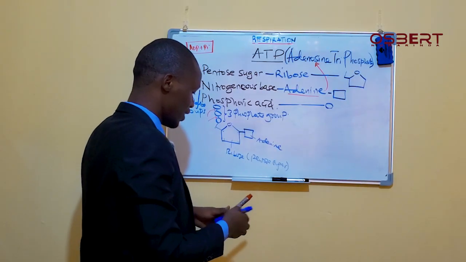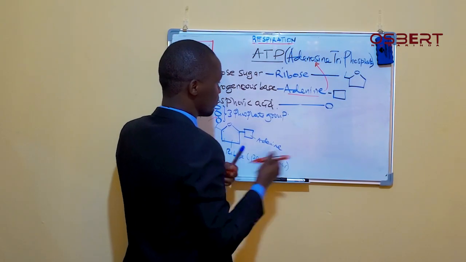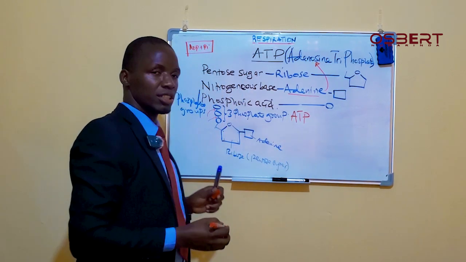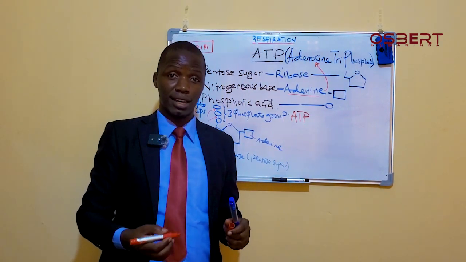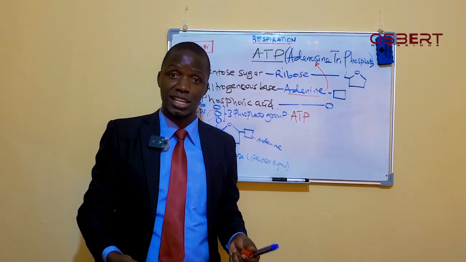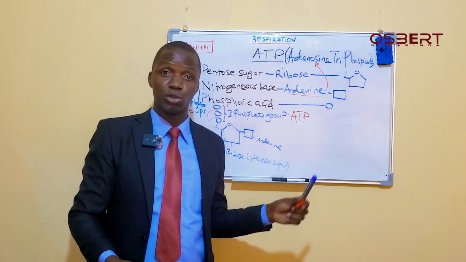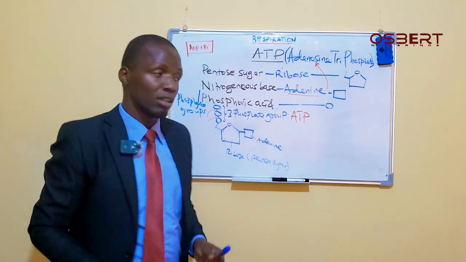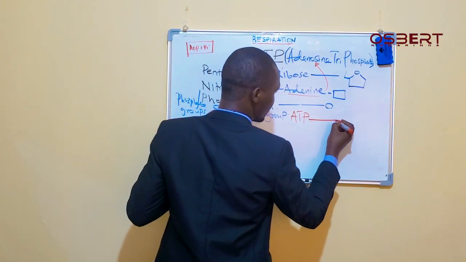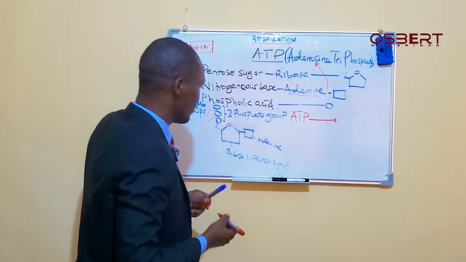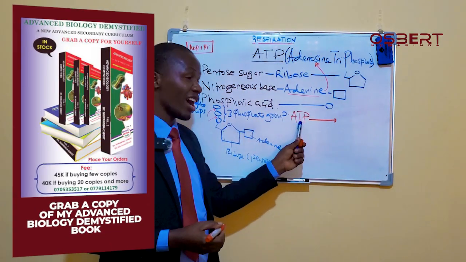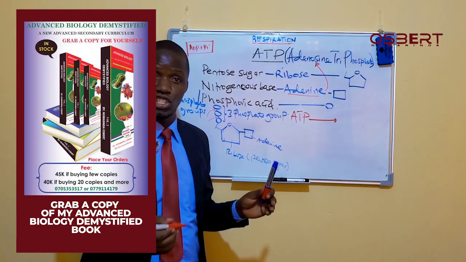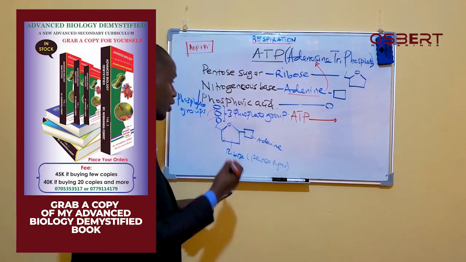That means if I have this ATP, kept in my cell, but the time has come when the cell does not have enough energy and wants energy, and now it's time for ATP to provide that energy. What happens is this ATP will have to break down. In the process of breaking down, remember, this is adenosine triphosphate, and energy is kept in the bonds which unite the phosphates.